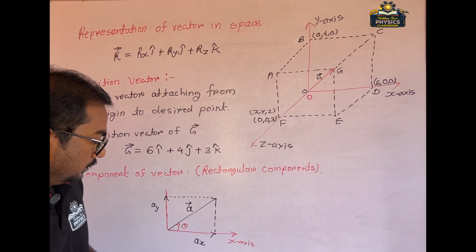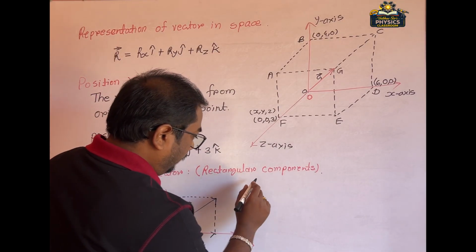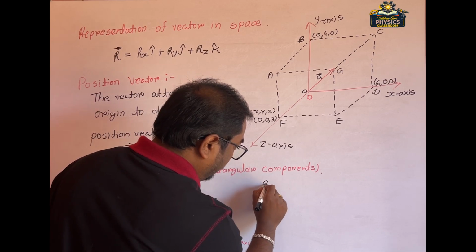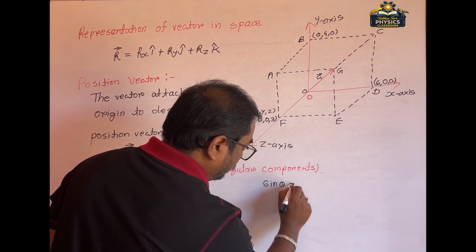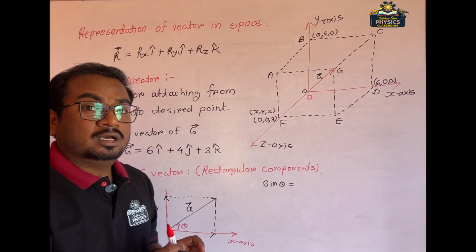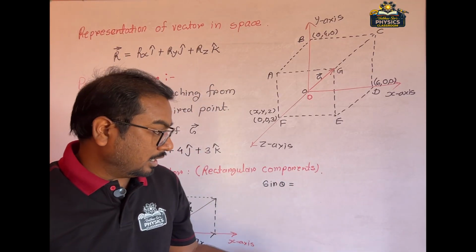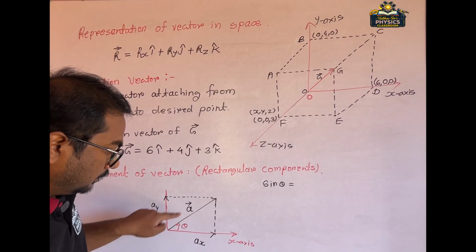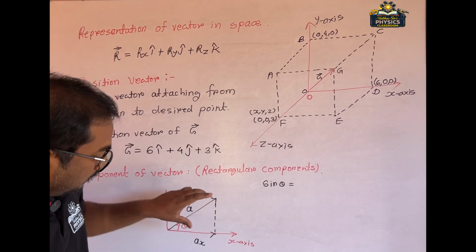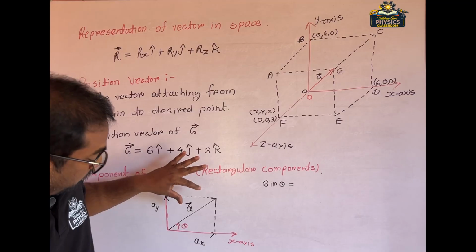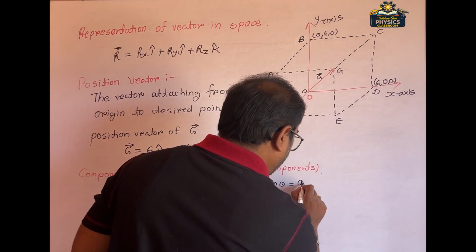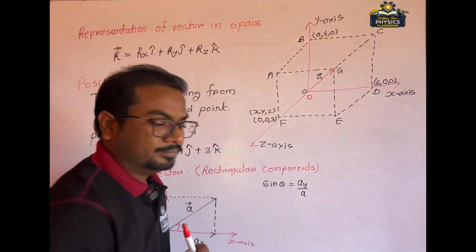If I take sine theta, you all know sine theta means opposite side upon hypotenuse. So if I take this triangle, this is the opposite side and the A vector is nothing but the hypotenuse, meaning ay by a.